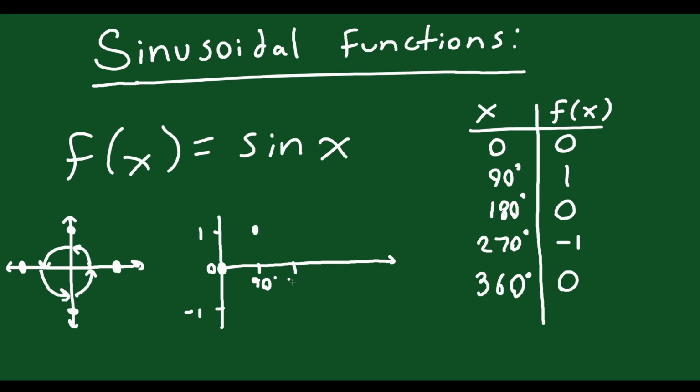At 180, you're at 0. At 270, you're at -1. And then here at 360, you're back to 0. If you connect the dots, this makes a nice curve. This is what we call a sine wave.